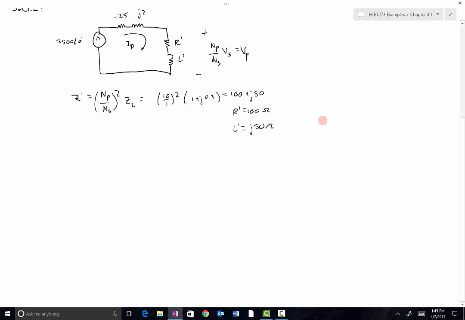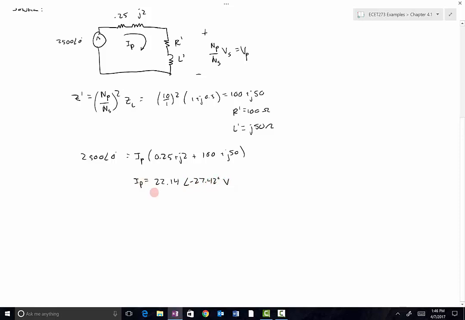So KVL makes sense in this case. We would say 2500 angle 0 equals the primary current times 0.25 plus J2 plus 100 plus J50, right? And if we solve that, we get that the primary current is equal to 22.14 at an angle of negative 27.42 degrees amps.